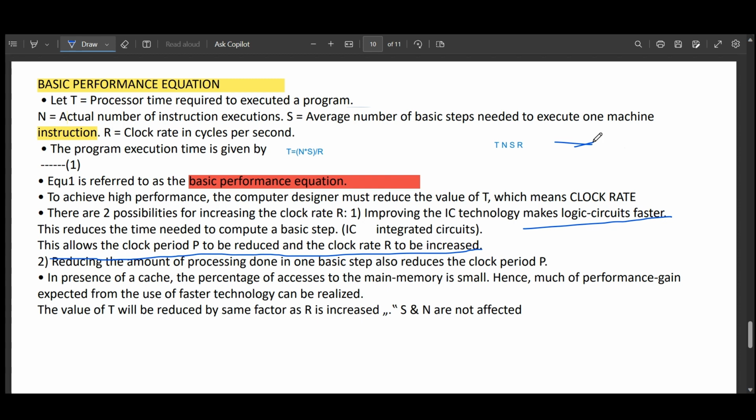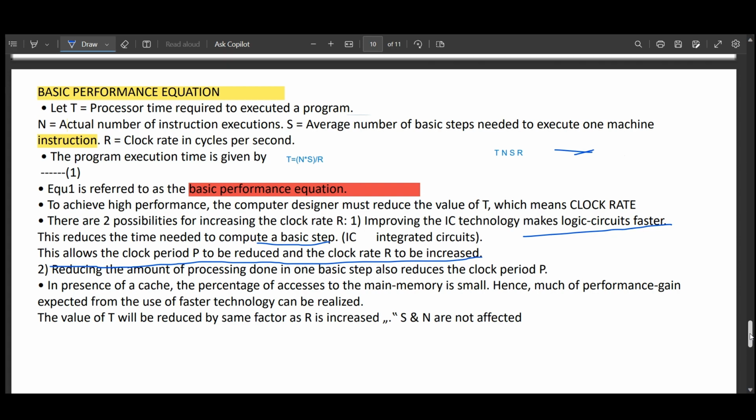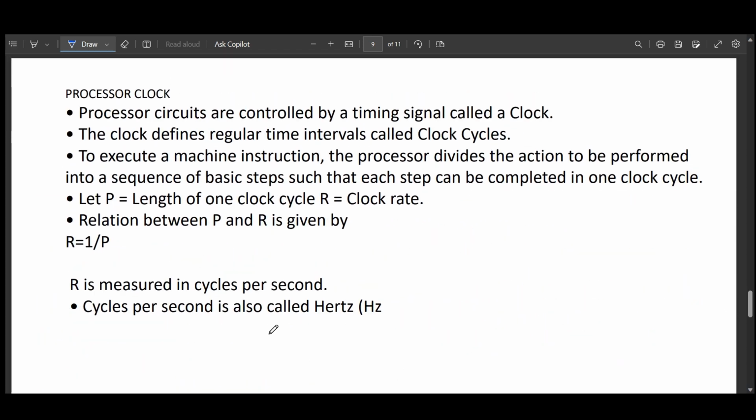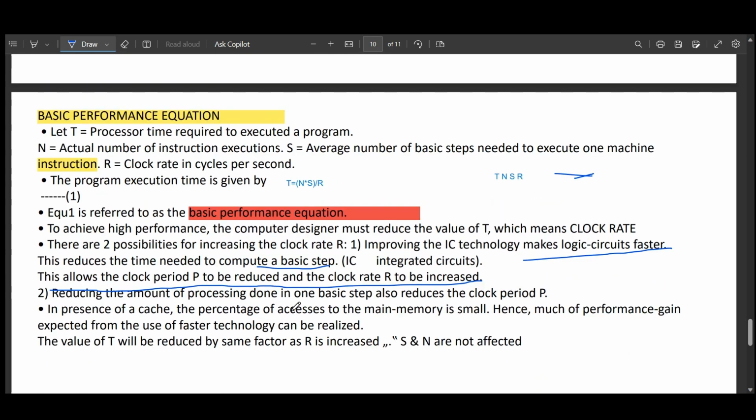Some 6 lines were there, I divided them into 3 lines each, into 2 parts, and that is called computing the basic step. If the time to compute the basic step is reduced, then as I told you in processor clock, the length of the clock cycle is inversely proportional to the clock rate, or vice versa. So the same thing happened here. We will see the next point.